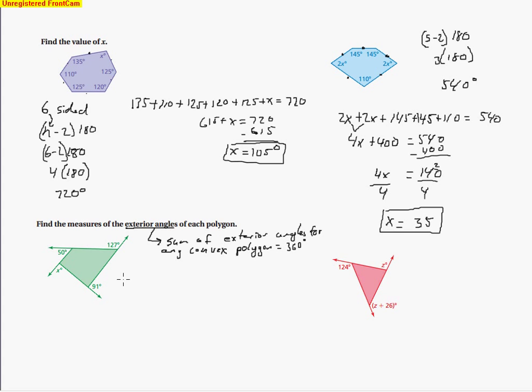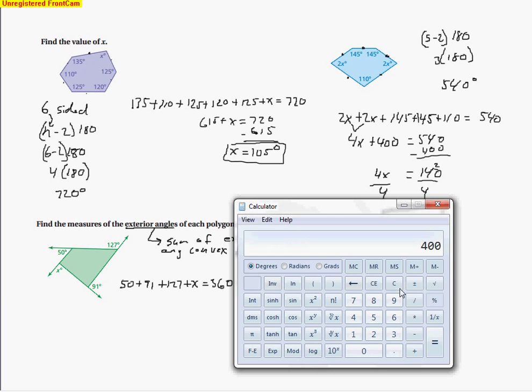So when we're trying to find the missing measure of this exterior angle, we just add the angles. 50 plus 91 plus 127 plus x equals 360. So you're just summing up those angles. 50 plus 91 plus 127 gives me 268.